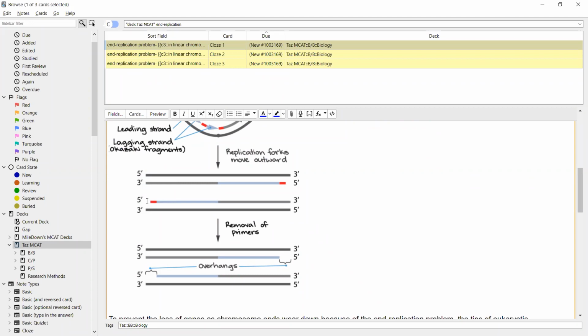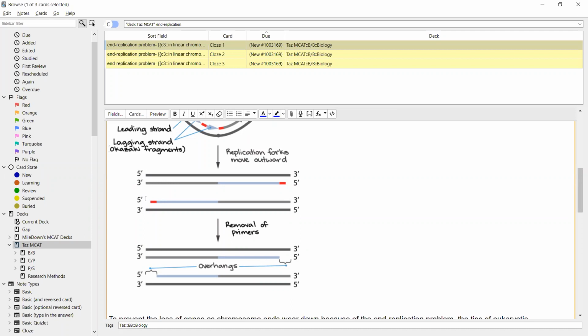Well, in this case, the safeguard against that is that the ends of the DNA are kind of junk information. They're just GC, GC, GC. You can think of it like the little plastic bit at the end of your shoelace, a cap that holds it together.